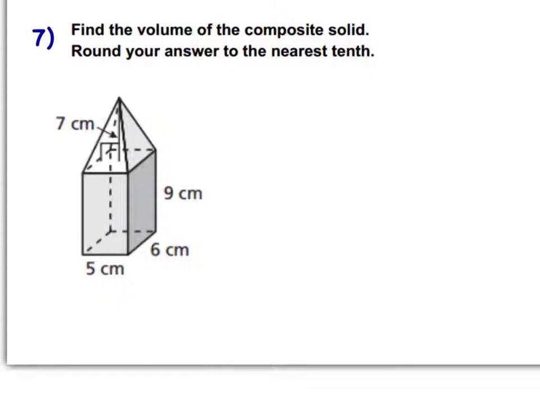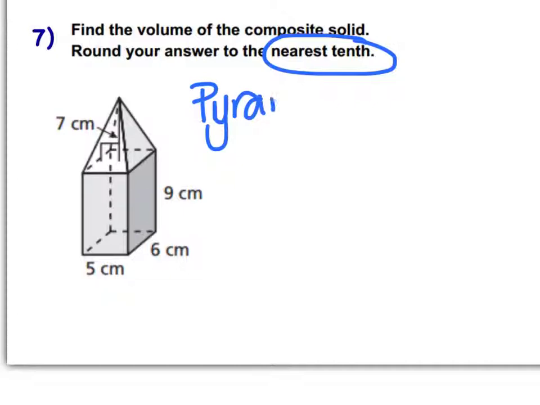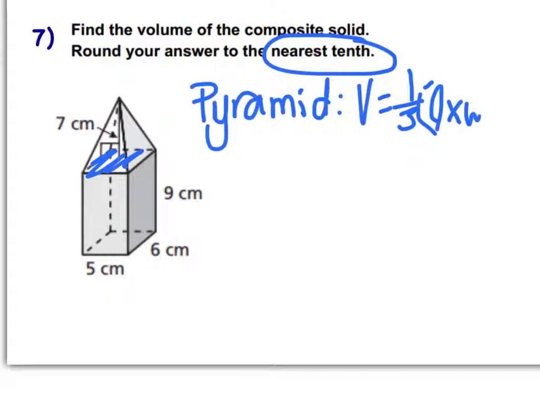It says find the volume of the composite solid. Round your answer to the nearest tenth. I'm going to circle that just as a reminder. So I know the top is going to be a pyramid, and I know the pyramid formula is V equals 1/3. Looks like my base is going to be a rectangle, so I'm going to do length times width, and I'm going to multiply it by my height.